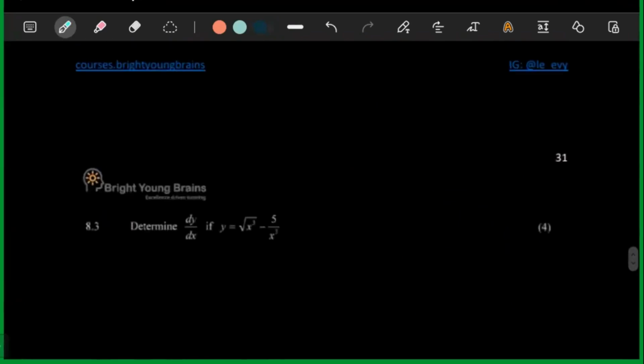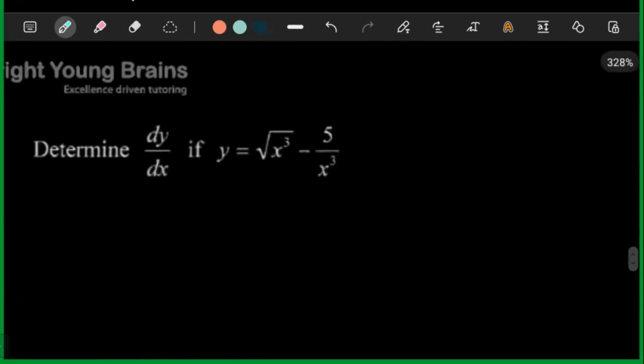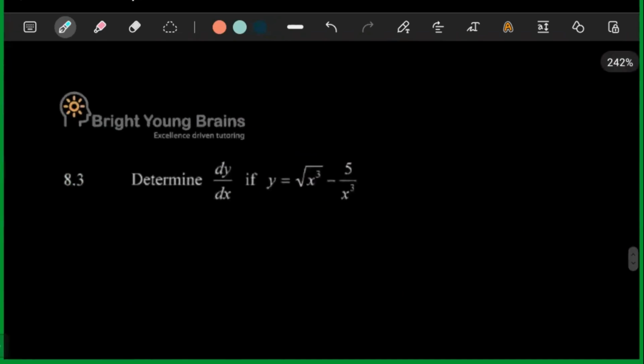Excuse me. The next one here, for 4 marks, is to differentiate. Always put things in a format that we can differentiate. Like here, there's a 1, there's a 3. The 1 goes under the 3, which is quite interesting because now you're gonna have x to the power of, wait, what?